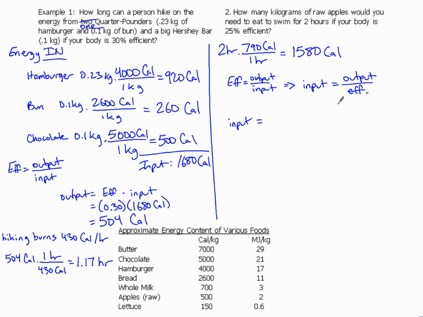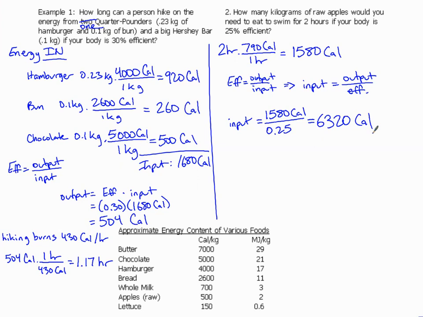So the input equals, the output is how much we're going to burn, and the efficiency is 25%, which means 0.25. Based on this efficiency, 6,320 calories need to be put in.